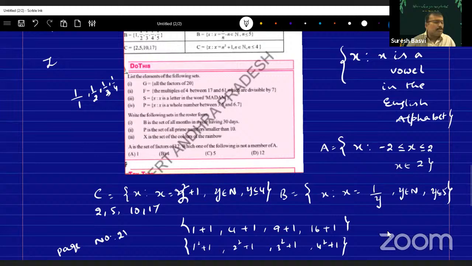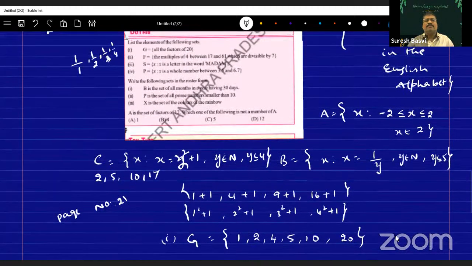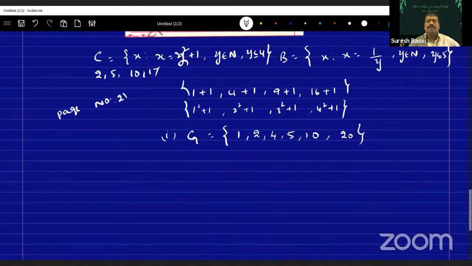So F is equal to the multiples of 4 between 17 and 61. I am going to write these 4 multiples.